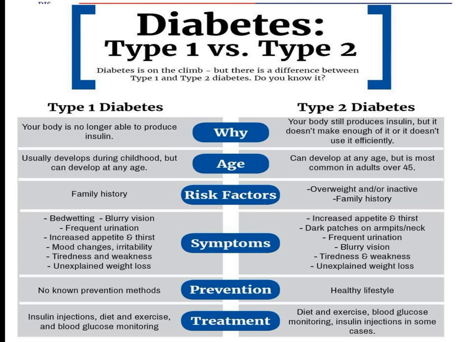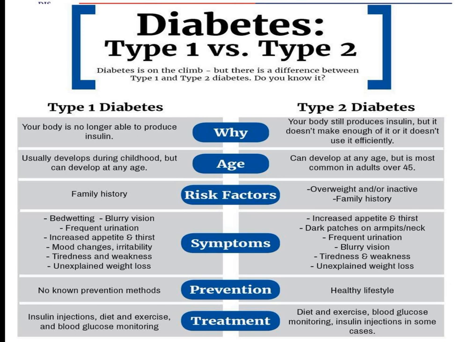This is a very important point. I can treat type 1 by insulin injections, but in type 2, I don't need insulin injections. I will only need insulin injections in type 2 when it turns into type 1. So the pancreas in type 2 is releasing more insulin because the cells cannot feel the insulin.